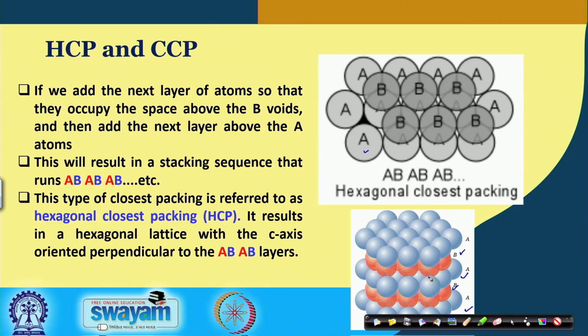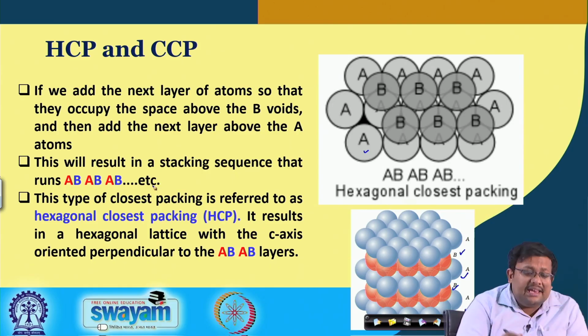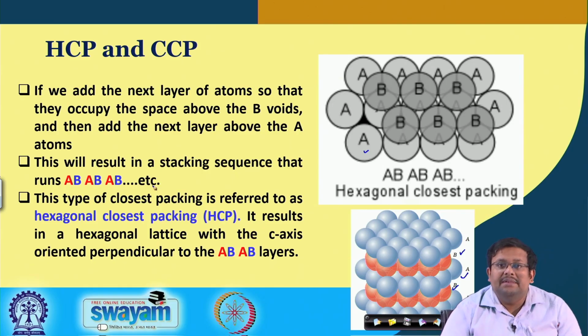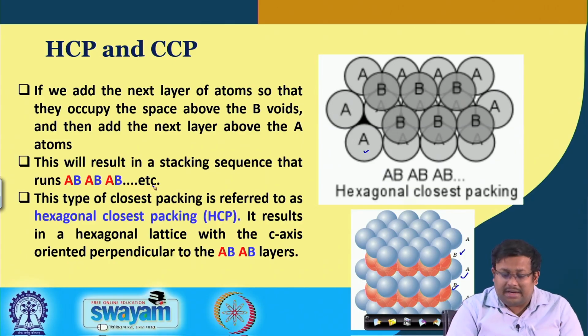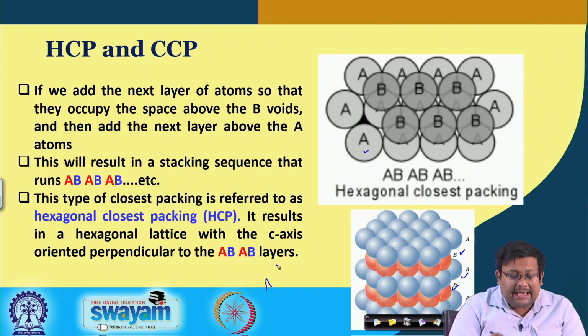So, this type of stacking basically results in a sequence of AB, AB, AB, etc. Sometimes we call it ABA also. So, this type of stacking is known as AB, AB, or sometimes we call it ABA type of stacking also.